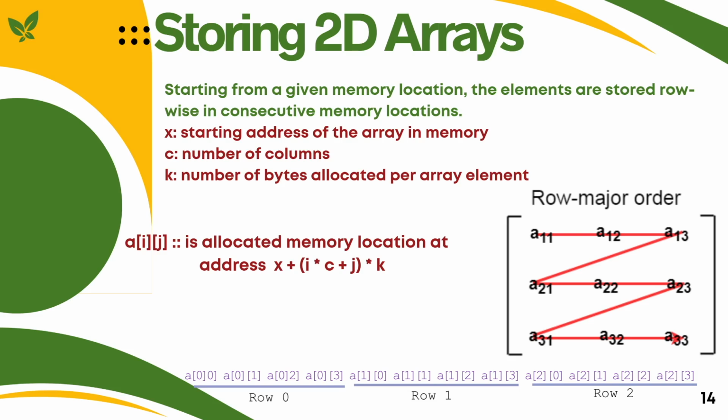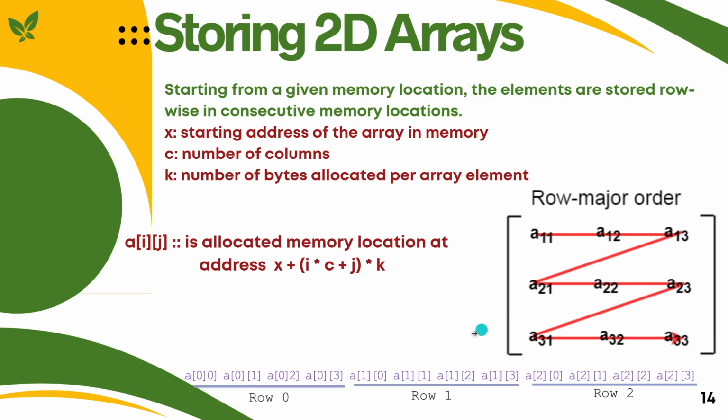So A[i][j] is the address of x, the base address of that array, plus i into C, where C corresponds to the number of columns, and j corresponds to the number of rows, into k, which is the size defined for the particular data type.